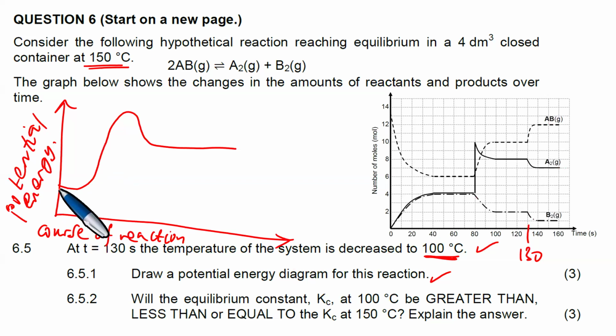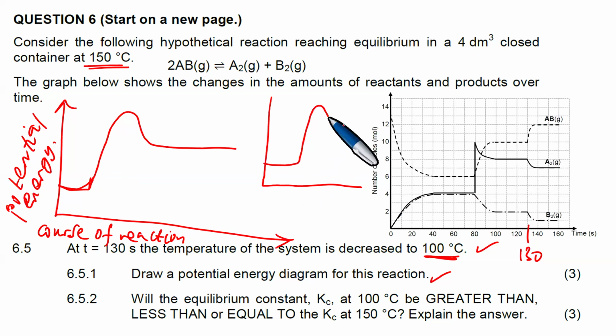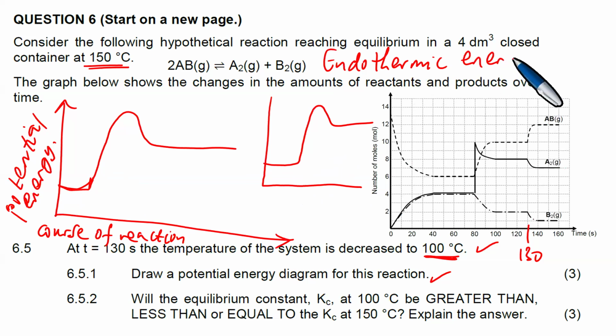So I was looking at this potential energy diagram. This is enough to draw in the exam, but there's more that you can do from grade 11. So this is the endothermic energy diagram.